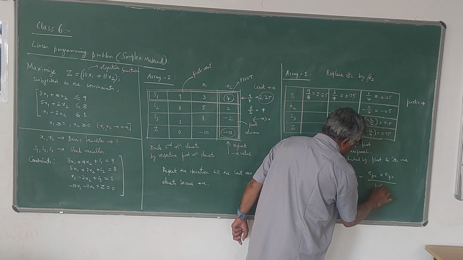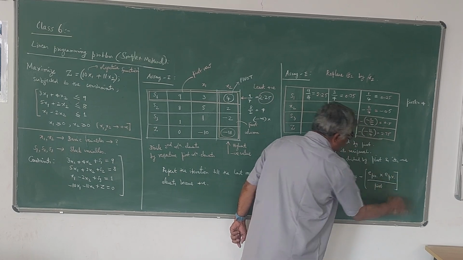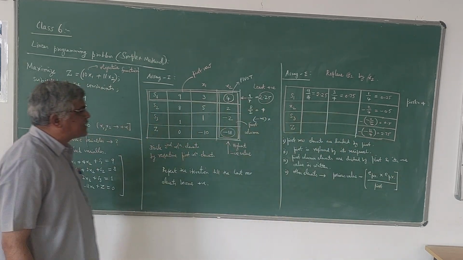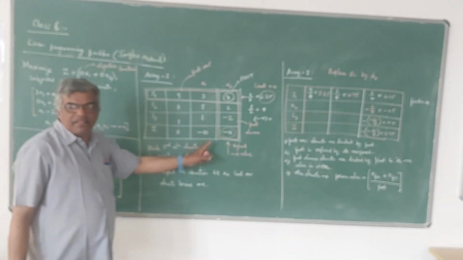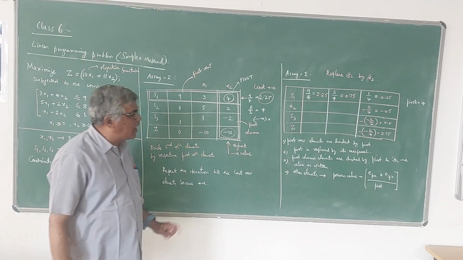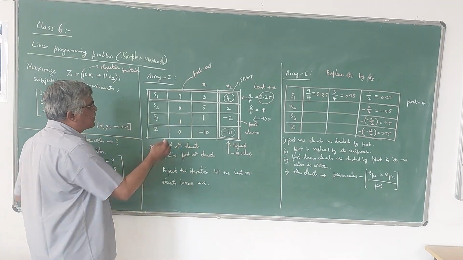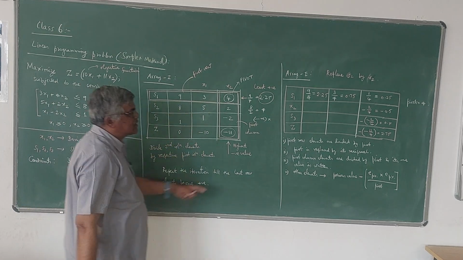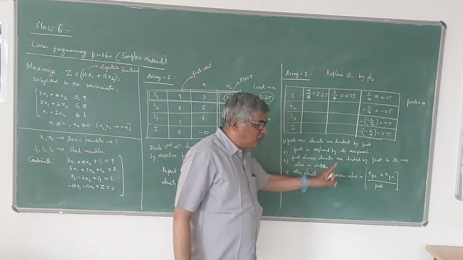So this is the formula which is used to replace other elements. Now let us see how it happens. I have to fill all these 6 elements using this concept.